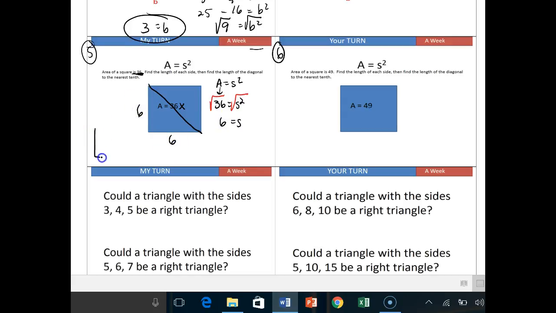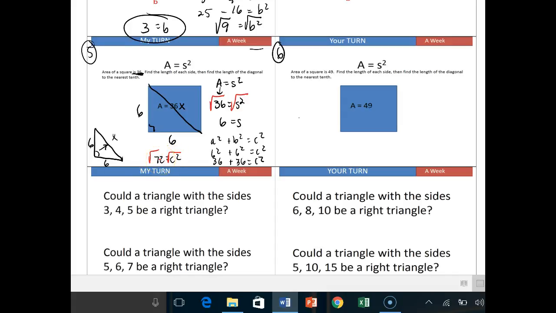Now you can envision you have a right triangle, because we always have a right angle in rectangles and squares, with sides of 6, and they're saying find the hypotenuse. So what type of formula will we use here? Well, if I don't have my hypotenuse, that's a squared plus b squared equals c squared. So 6 squared plus 6 squared is equal to c squared. 36 plus 36 is 72, so 72 is equal to c squared, and we just take the square root.